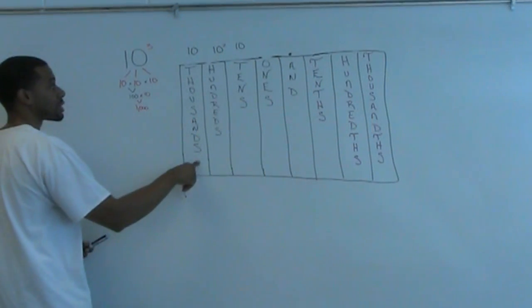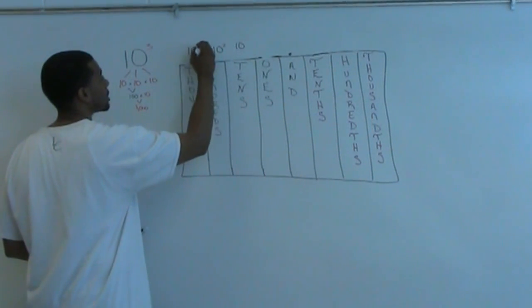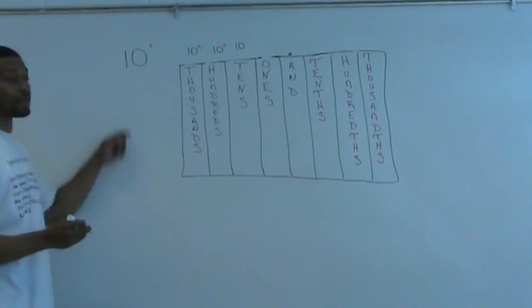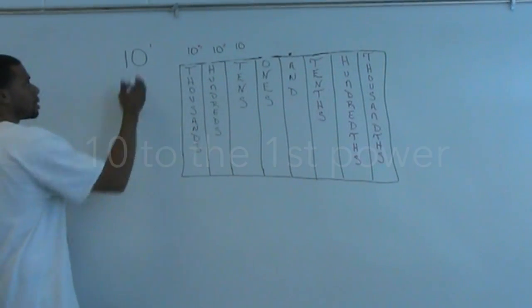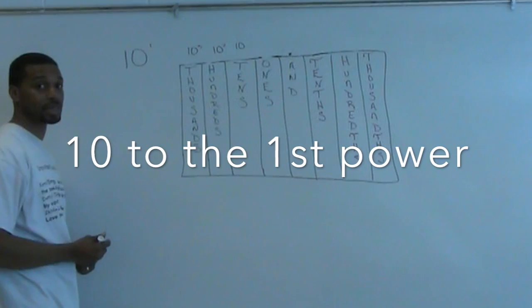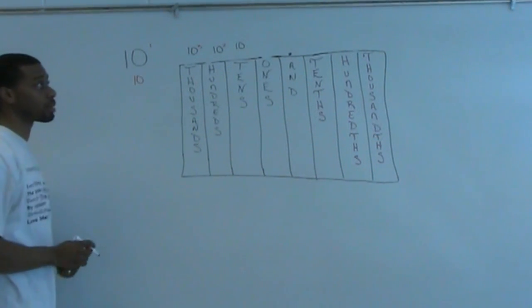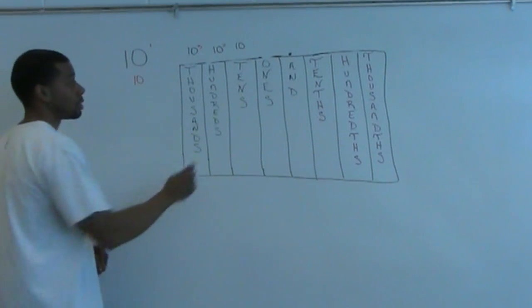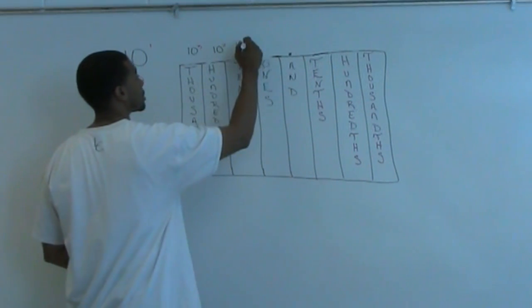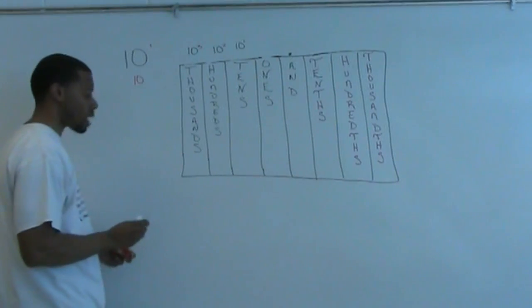So that means over the thousands place, that will be 10 to the third power. If I have 10 to the first power, that means I'm repeating my base, which is 10, 1 time. If I write 10 one time, it's simply 10. So in my tens place, it will be 10 to the first power.